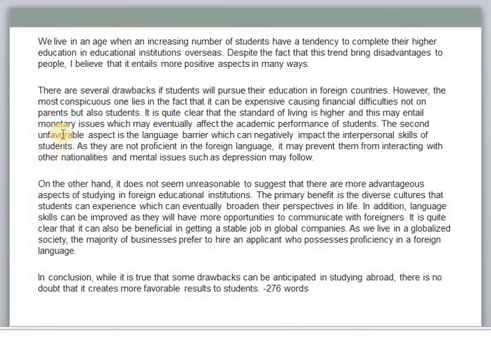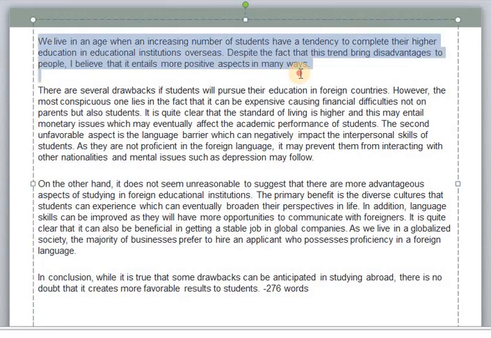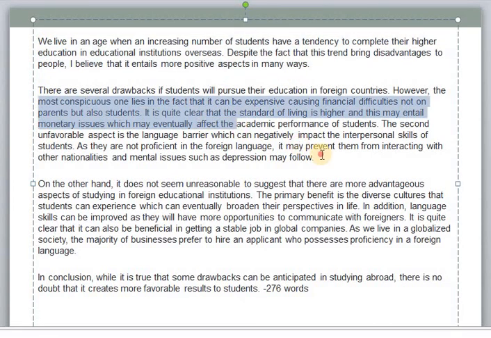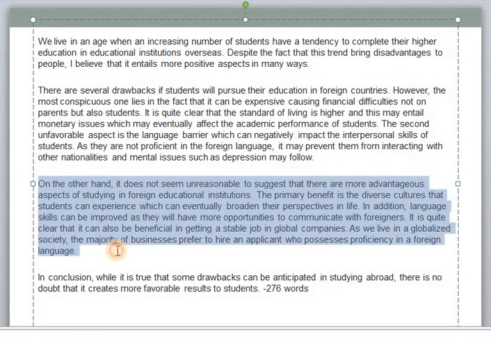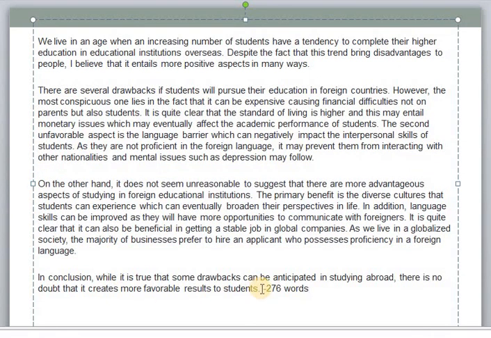So this is the sample topic or essay, I mean. This is your introduction, 2 sentences. This is your body 1, 5 sentences. Body 2, same, 5 sentences also. And this is your conclusion. This is 276 words. Okay? So this essay consists of 276 words.